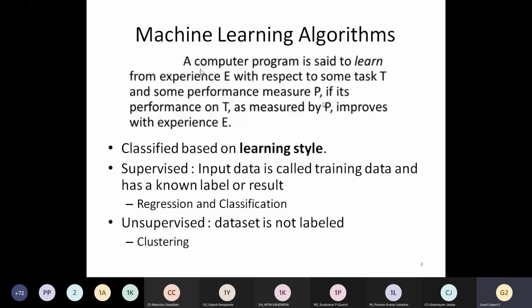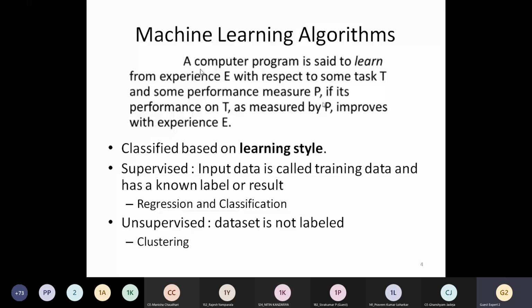While in an unsupervised algorithm, the data set is not labeled. Only features are given, and along with the features, the target value or response value is not given. So if your data set has no label, you can use an unsupervised machine learning algorithm for analyzing it. Examples of supervised machine learning algorithms are regression algorithms and classification algorithms. Unsupervised machine learning algorithms are clustering algorithms.